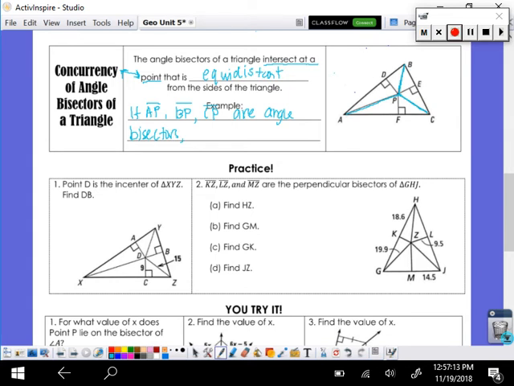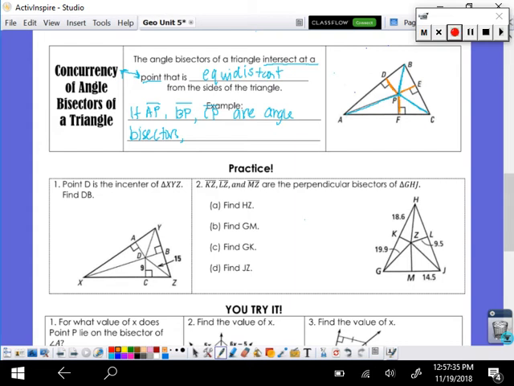it says the angle bisectors of a triangle intersect at a point that is equidistant from the sides of the triangle. Because these three are angle bisectors, then we know that they are all the same distance. Remember, distance is perpendicular to the side. So now look at all three of your perpendicular pieces. PD, PE, PF.